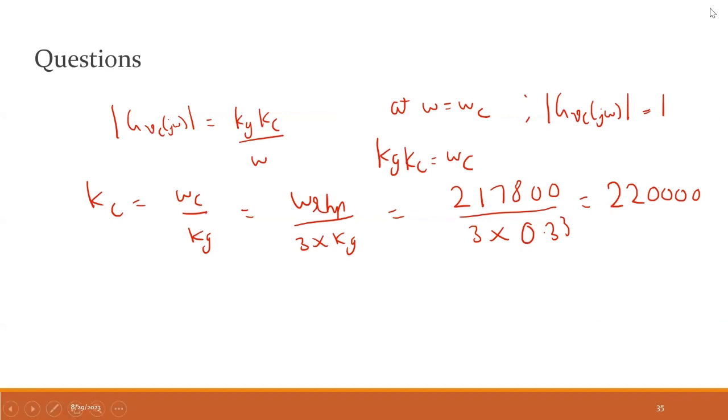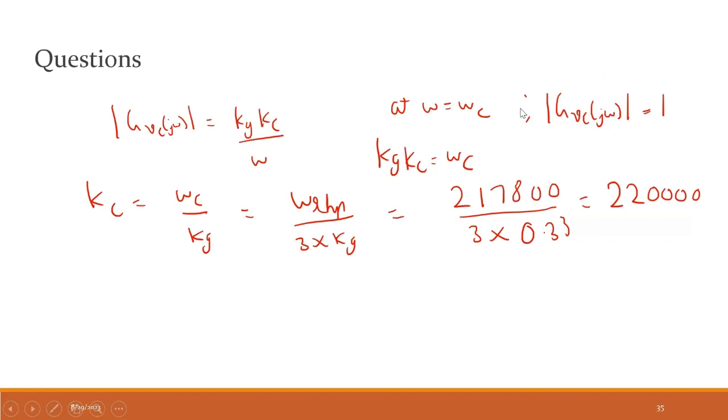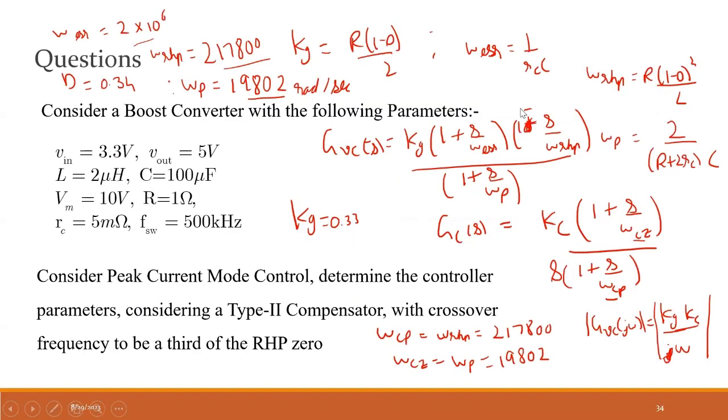I hope you understood how we are designing the controller. This is simply for analog voltage mode control and analog current mode control. In this case, we have not considered phase margin.